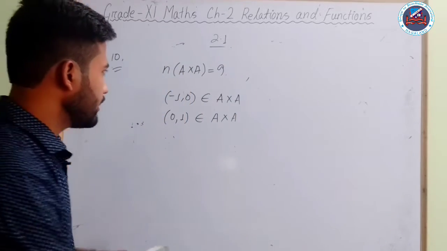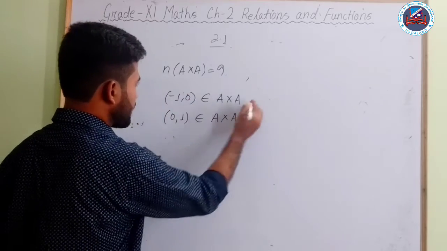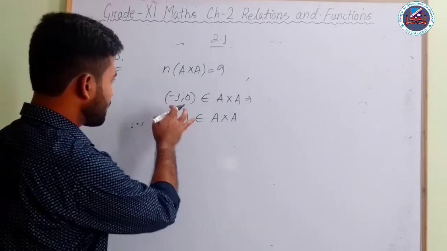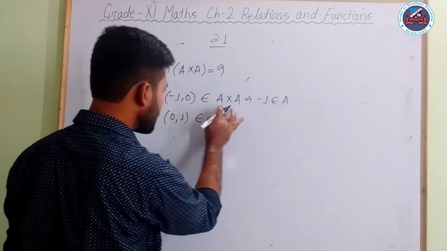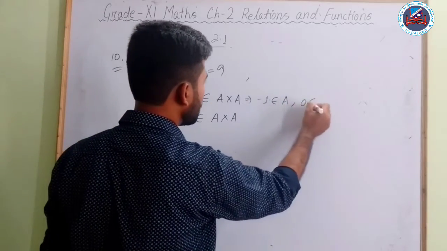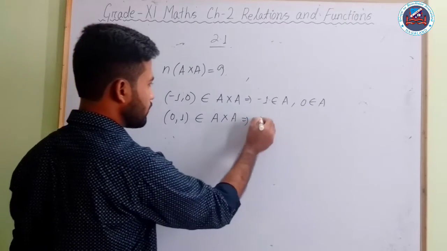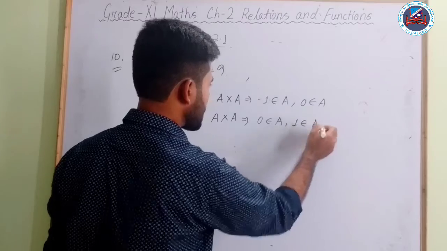Find the set A and the remaining elements. So from this hint we can see that if (-1, 0) belongs to A cross A, then the first element, -1, belongs to the first A, and 0 belongs to the second A. And from here what can we say? 0 belongs to the first A and 1 belongs to the second A.